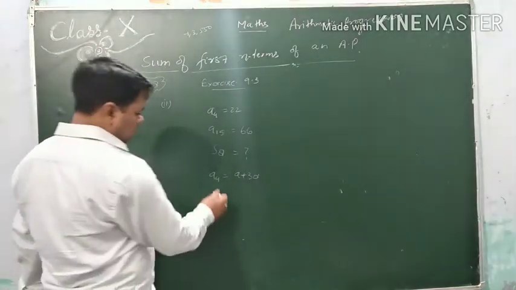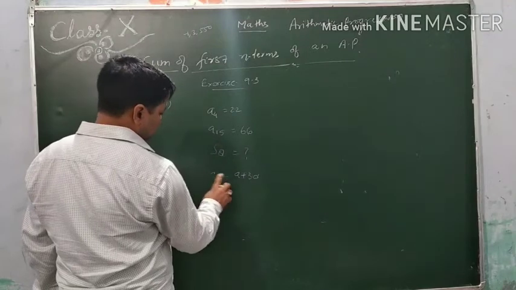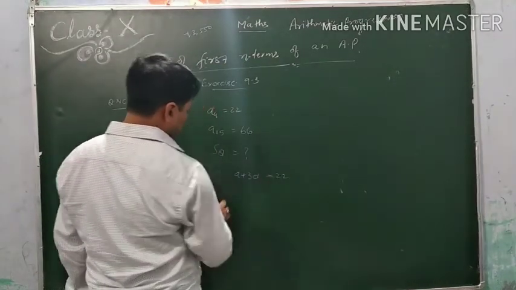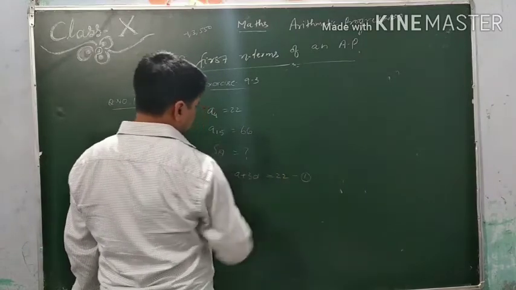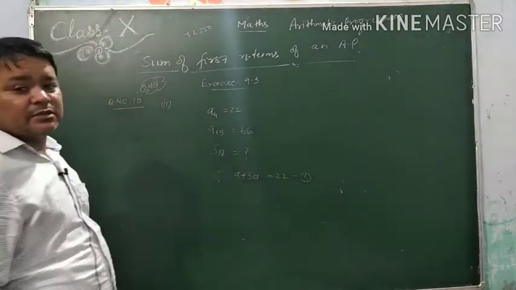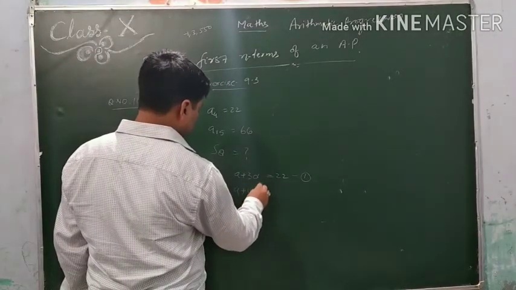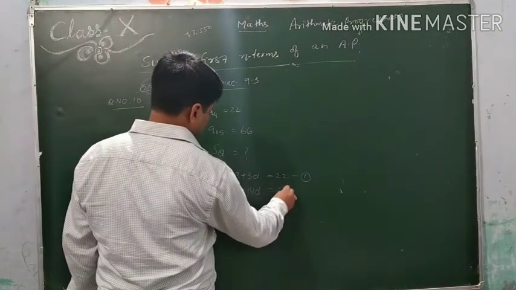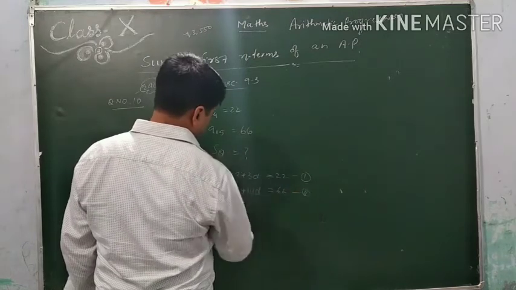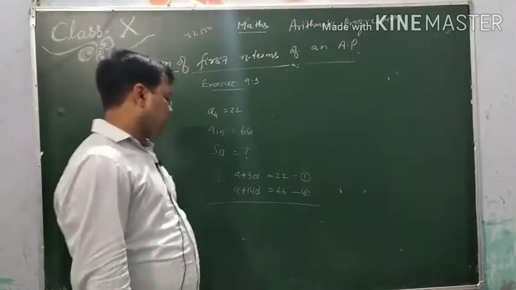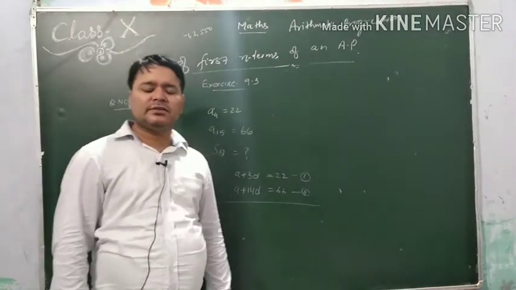Here a4 is 22, so we can write a plus 3d is equal to 22. This is equation first. Similarly, a15 is given, so we can write a plus 14d is equal to 66. Now use the same method and try to find the value of a and d.